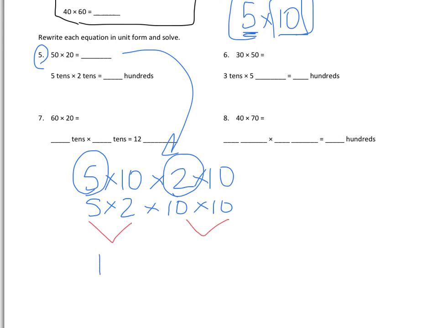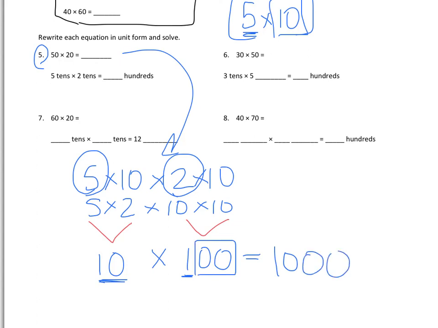So here they know that 5 times 2 is 10. They know that 10 times 10 is 100. So you can see how this simplifies the problem from 50 times 20. And then they know 10 times 1 is 10. And then because 100 is 100 times bigger than 1, we want to make our product, or answer, 100 times bigger.